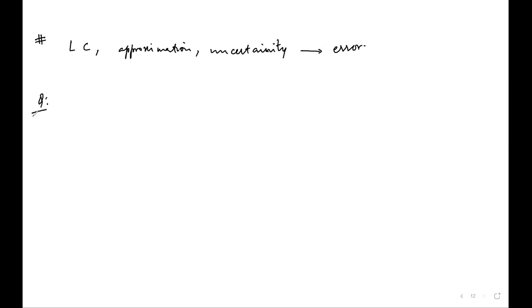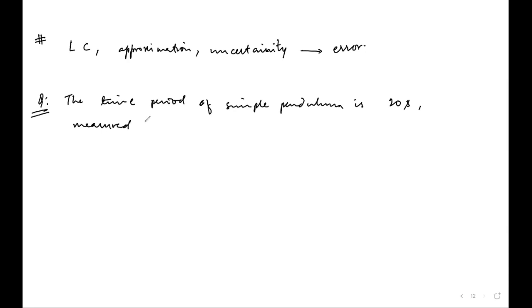I'm giving you a question. The time period of a simple pendulum is 20 seconds, measured by a stopwatch having least count as 1 second.